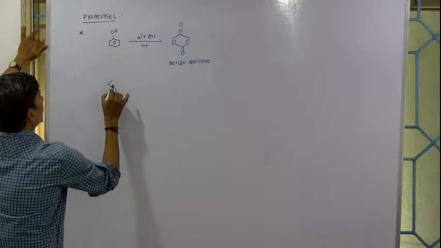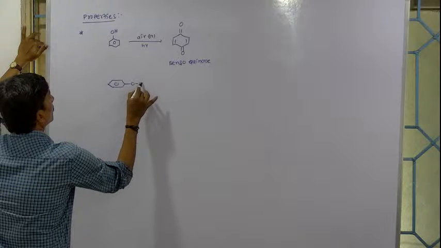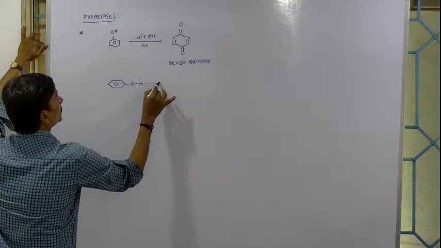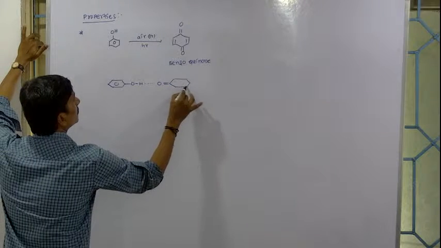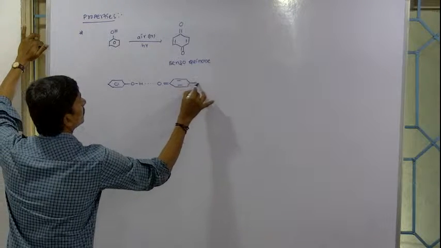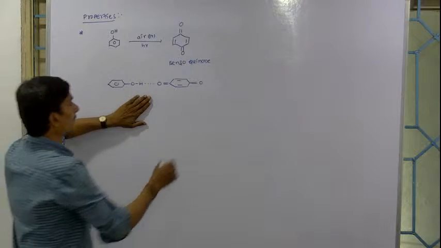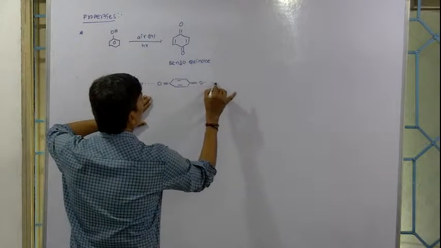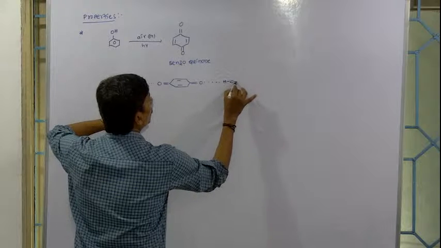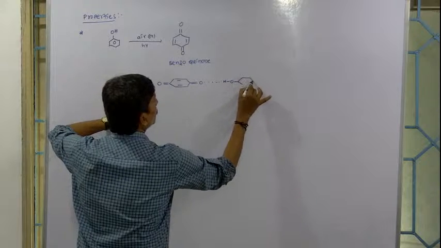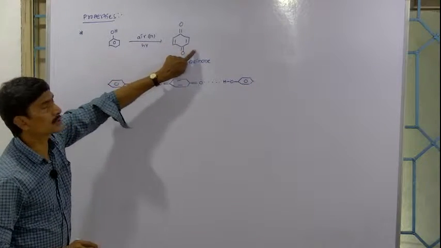For example, it gives red color, sorry, pink color, and treating with one more mole of the phenol molecule, it is what we can call benzoquinone.